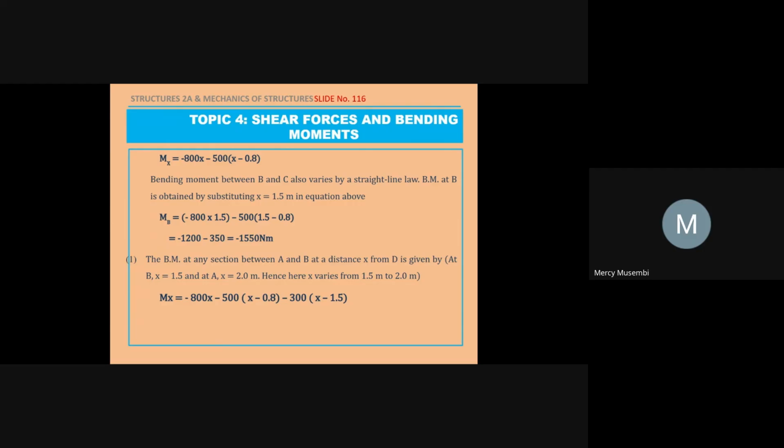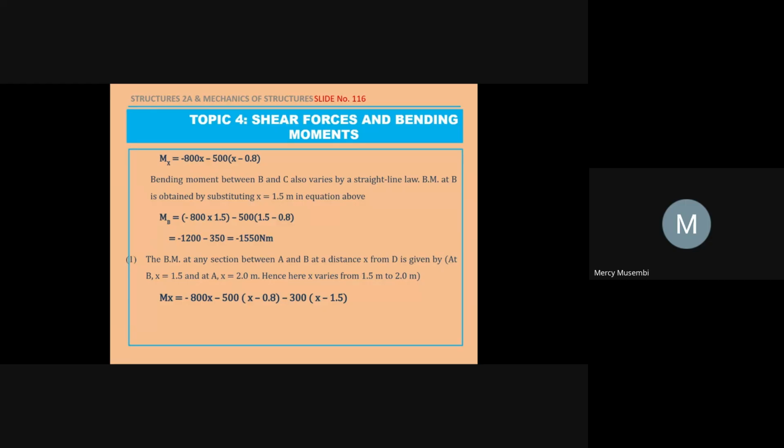So it will be negative 800x minus 500 into brackets x minus 0.8. The bending moment between B and C also varies by a straight line rule. So substituting x with 1.5, it will be negative 800 times 1.5 minus 500 into brackets 1.5 minus 0.8. So it will be negative 1200 minus 350 equals negative 1550.